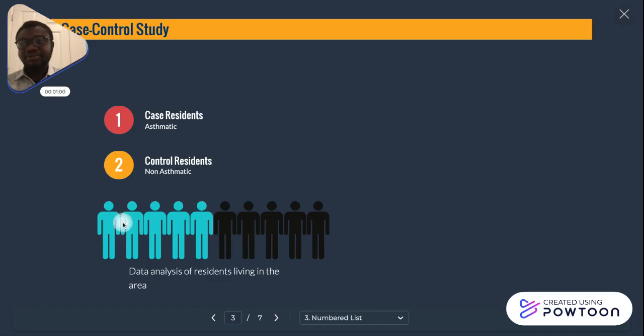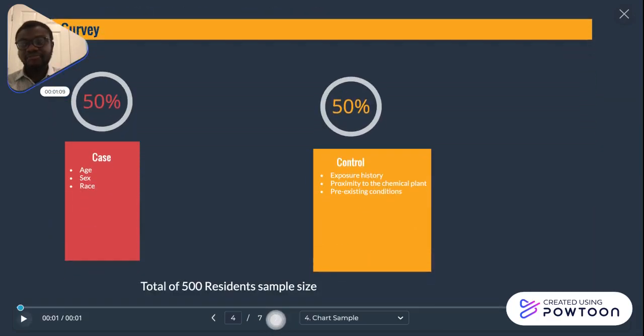A total of about 500 people constituted the sample size. 50% of that was the case group, and the other 50% were the control group.